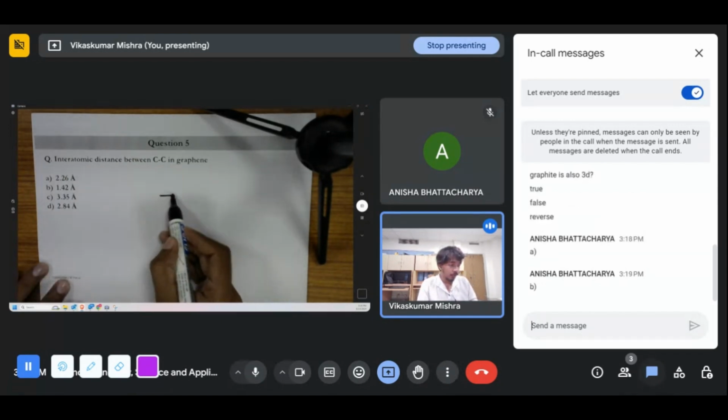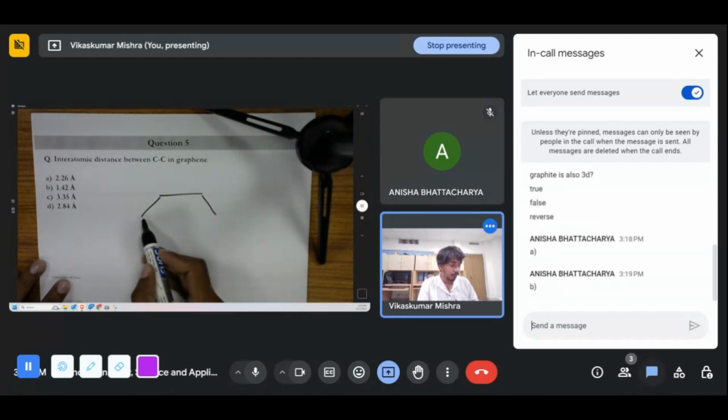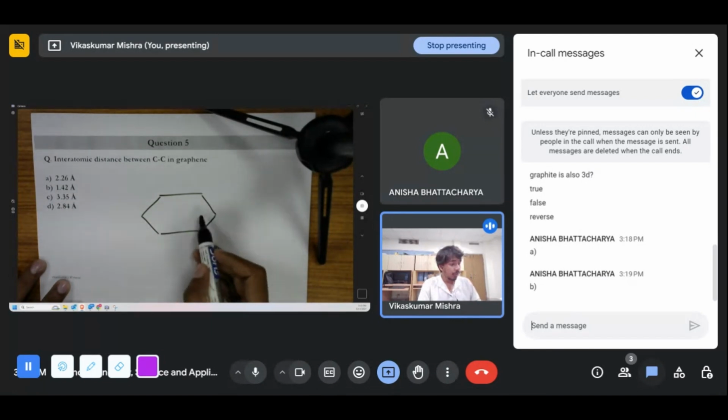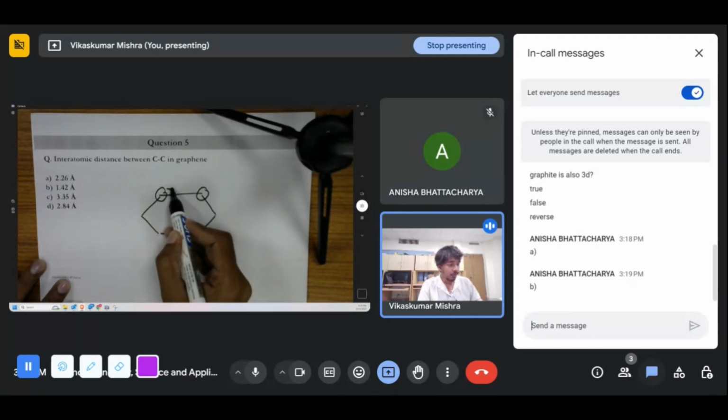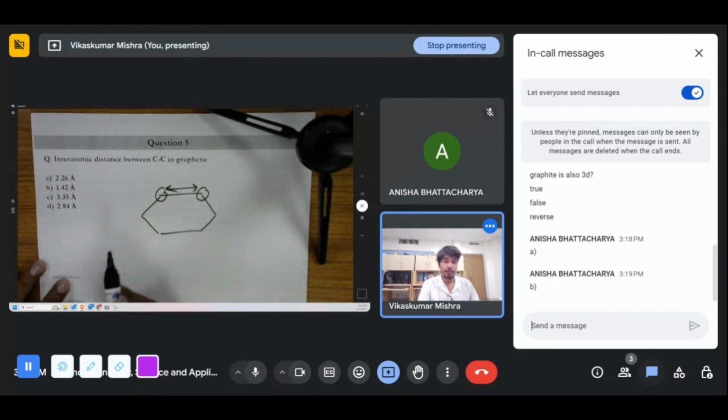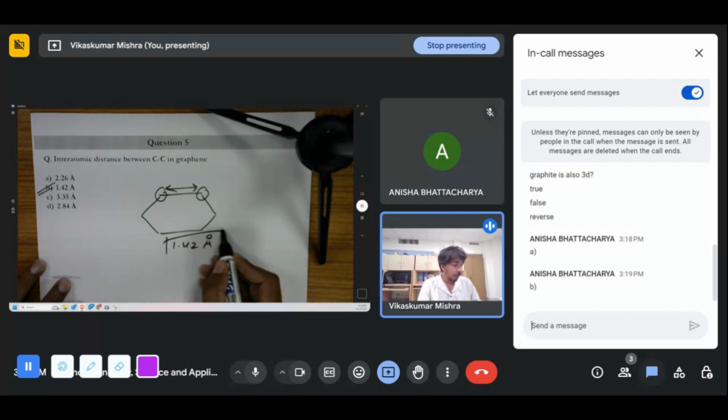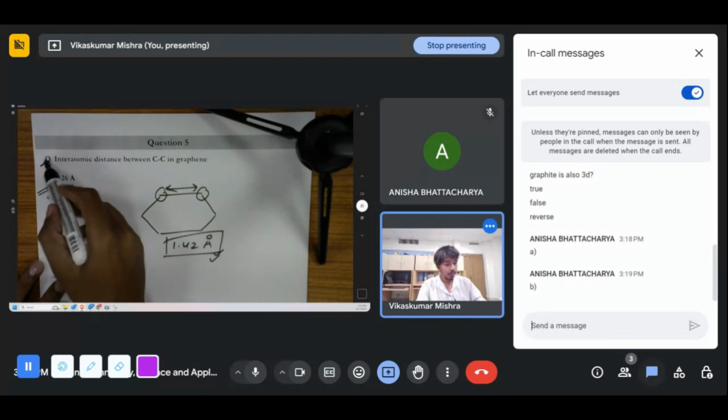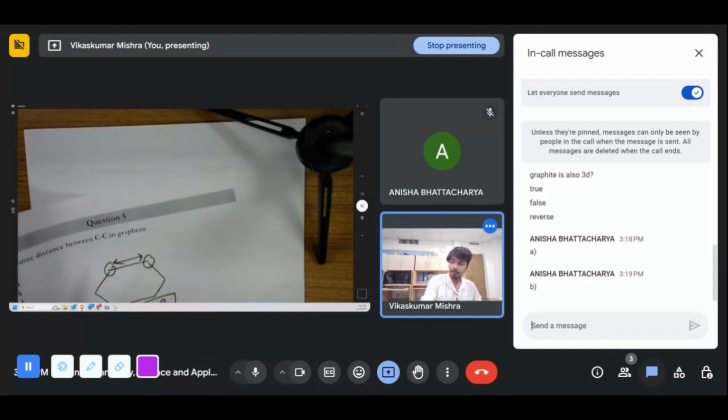So they are talking about the graphene sheet, and within that graphene sheet, what is the distance between the carbon-carbon atoms? Yes, option B is the right answer. So 1.42 angstrom. We'll remember this particular value because it is going to be quite helpful for us to solve the next few questions. Okay, question number 5 is done.